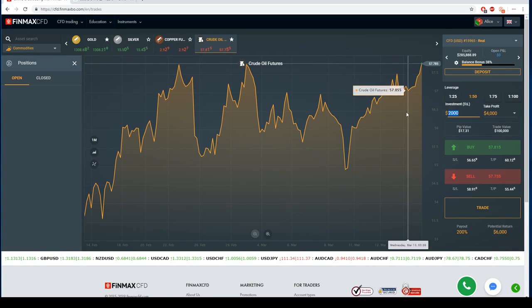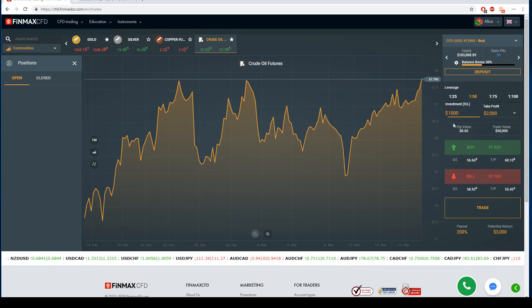I'm going to place the position for 1000, with the take profit 2 times more than the investment. It's a really great feature of CFD trading. I'm going to place it prior to the market opening, so I'm going to open it now.